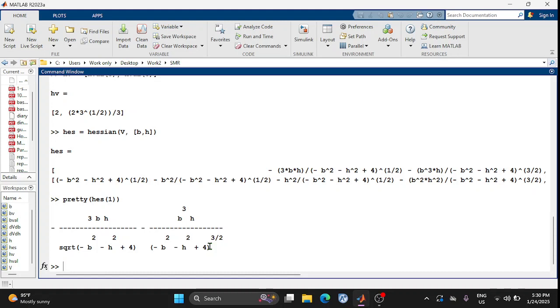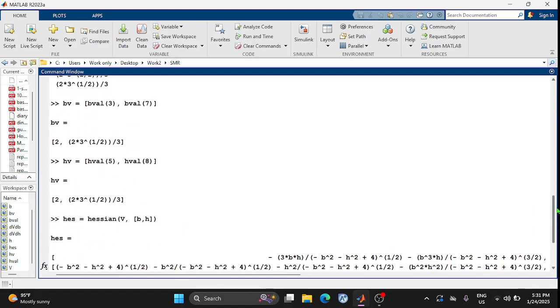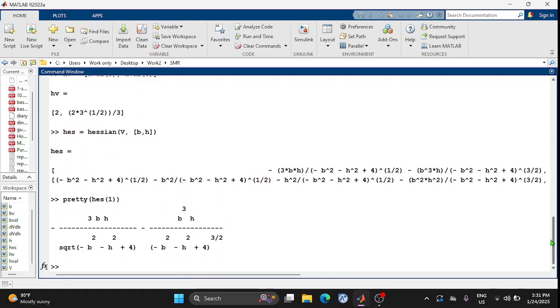Now since we had two values of B and two of H, we look for the best combination to give us the maximum volume. In doing that, let's say I have this variable a1, and in this variable I'm going to substitute my first combination of B and H into our Hessian matrix, the Hess.